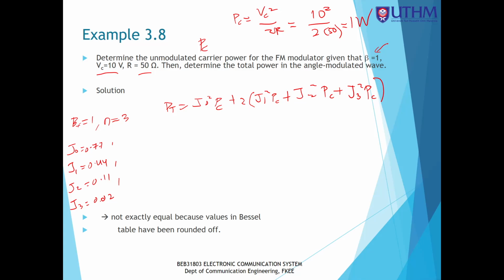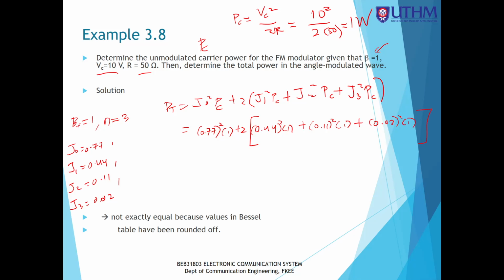Okay, so here is equal to 0.77 square, this is 1 actually, plus 2 times in bracket 0.44 square times 1 plus 0.11 square times 1 plus 0.02 square times 1.